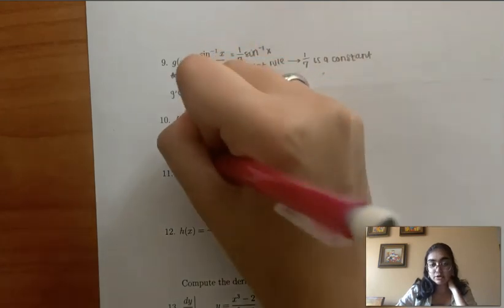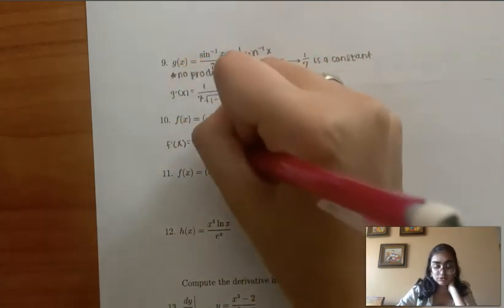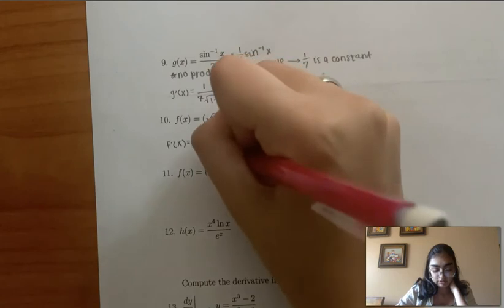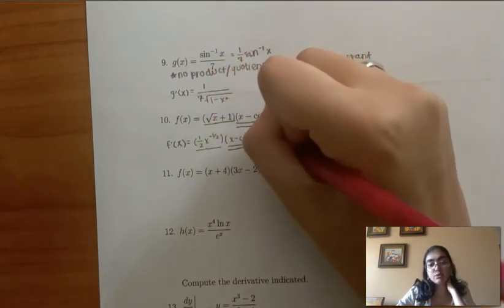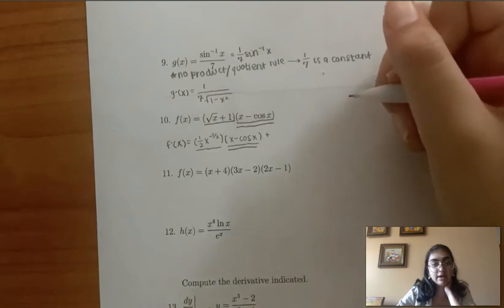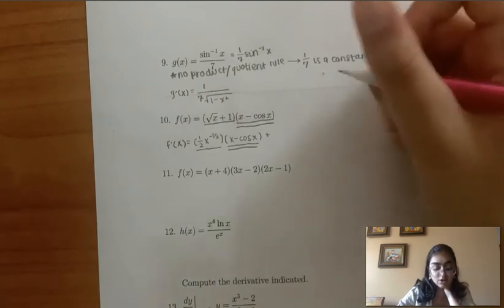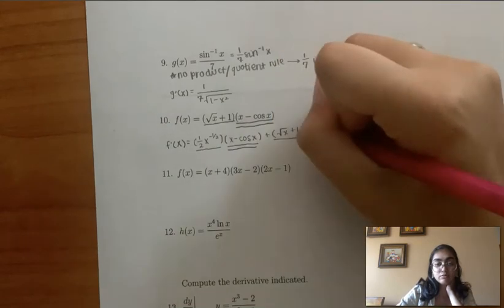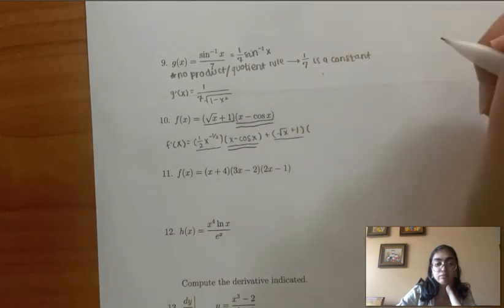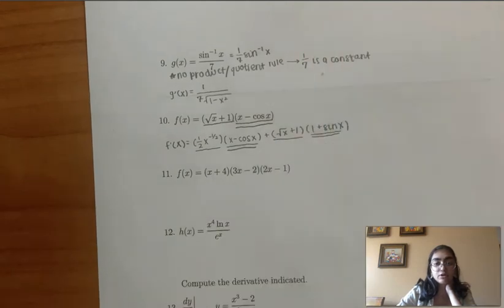For the next part, we keep the square root of x plus 1 the same, and we take the derivative of x minus cosine x, which is 1 plus sine x. So again, very straightforward product rule.